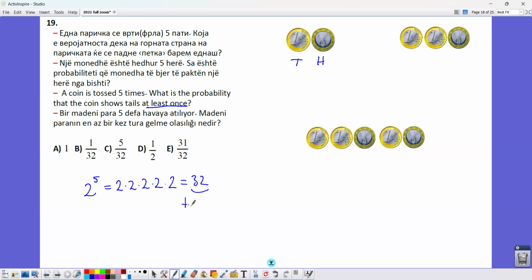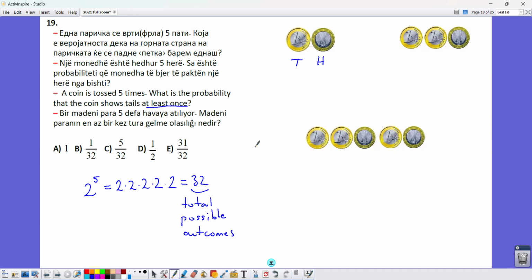So this is the total possible outcomes. What we are looking for is the probability that the coin shows tails at least once.